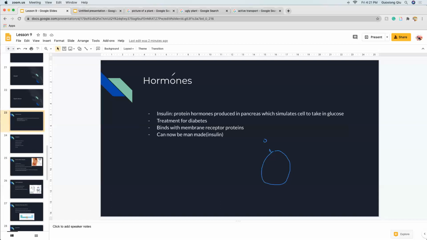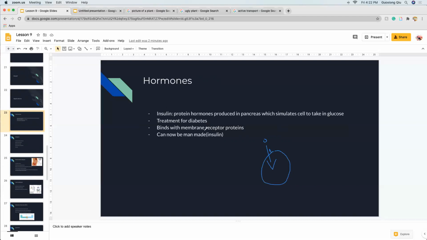Anyway, because of this, we can inject insulin. One way to treat type 1 diabetes mellitus is by injecting insulin. We can now make man-made insulin. And then the insulin binds with your membrane receptor proteins, it goes into your cell, and then your cell can take in glucose again.